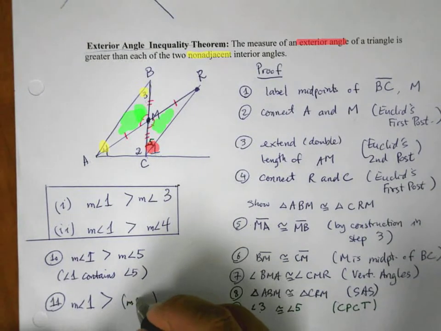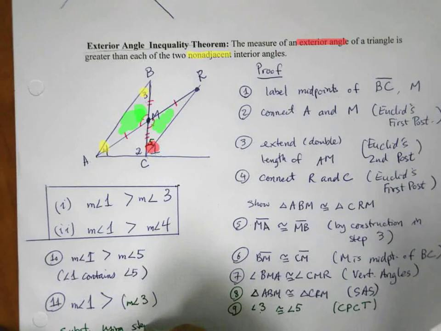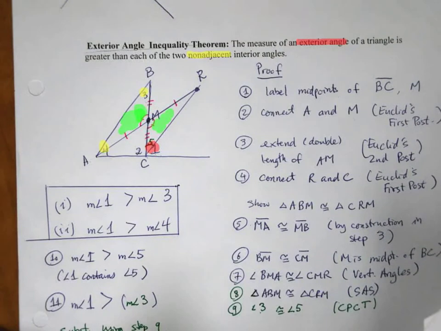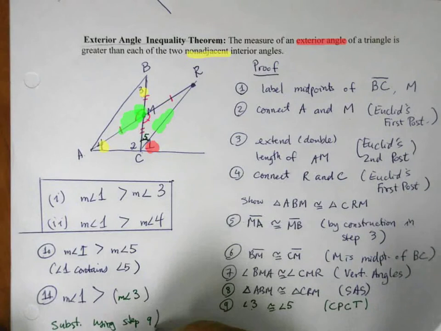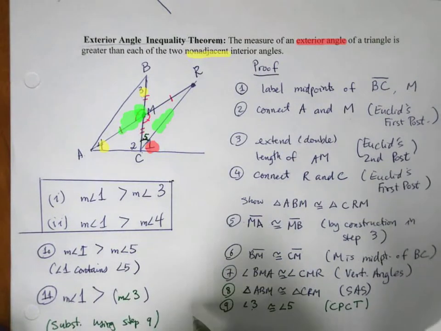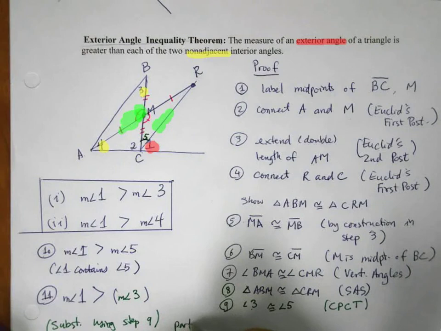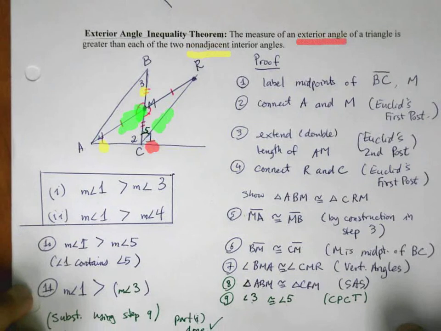Okay, and this is, again, a substitution using step 9. And now the proof is complete. So part 1 is done. Okay. So part 1 is entirely complete. Okay. So I've proven this part right here.